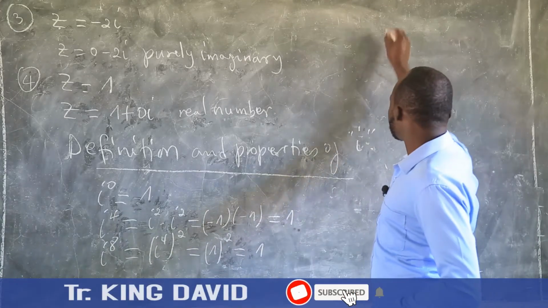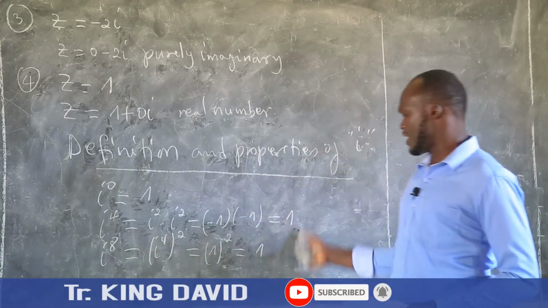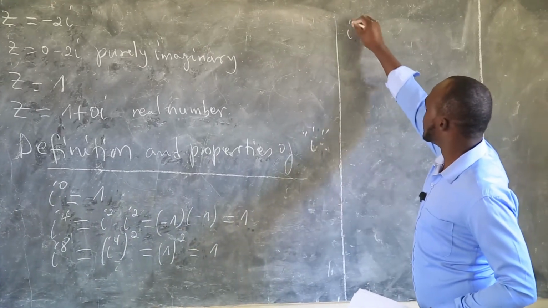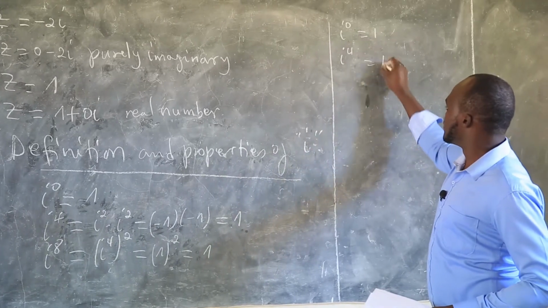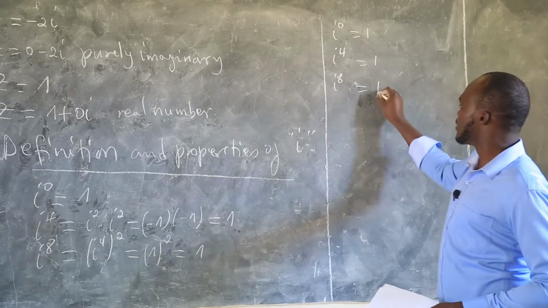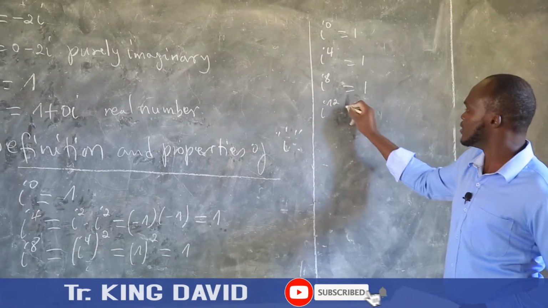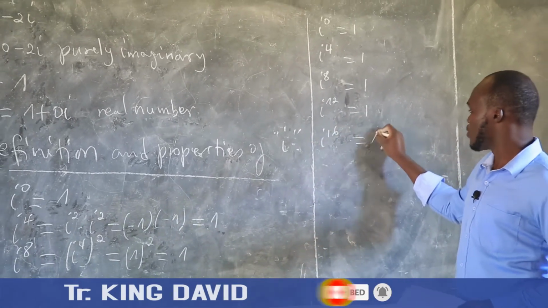So when we are adding 4, the answer will be 1. So we have i power 0 equal to 1, i power 4 equal to 1, even i power 8 equal to 1. When you add 4 here, i power 12 also is 1, i power 16 also is 1.